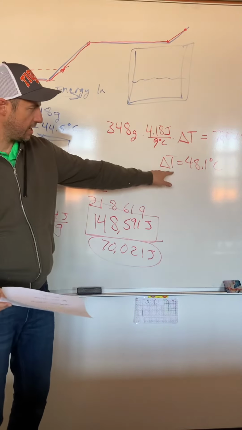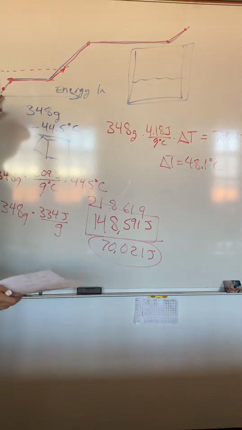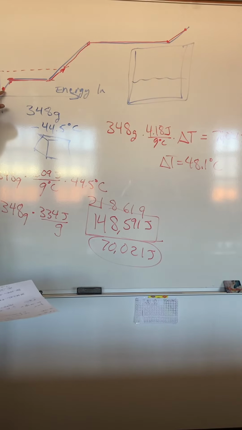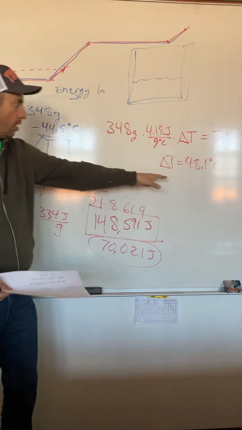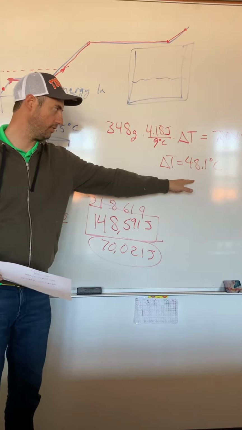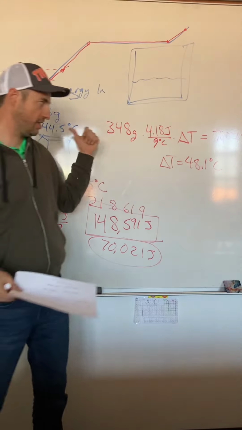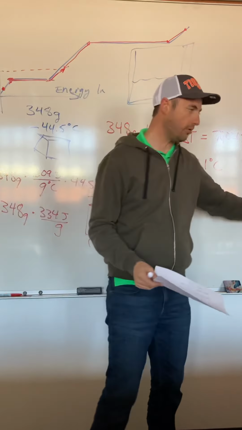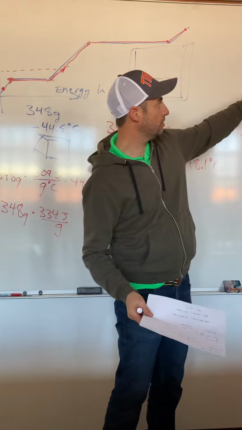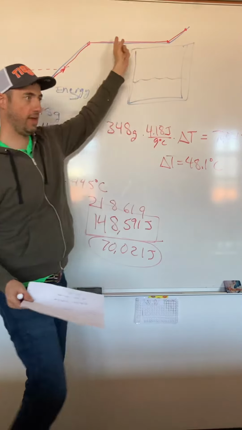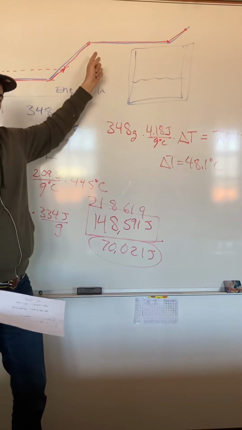So what this is saying is, if you started with ice at negative 44.5 degrees and you heated it all the way until it was water at 48.1 degrees, you would have added the same amount of energy as you took out of the steam that started at 125 and came to 100.